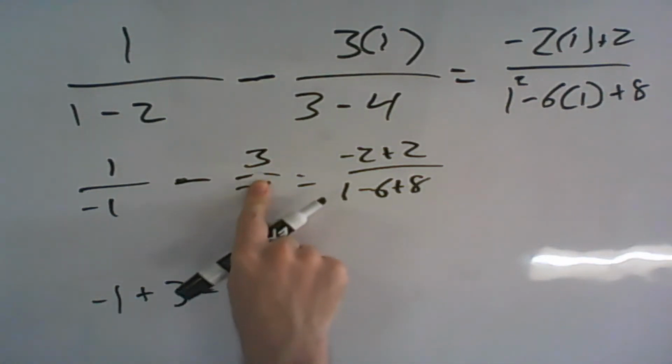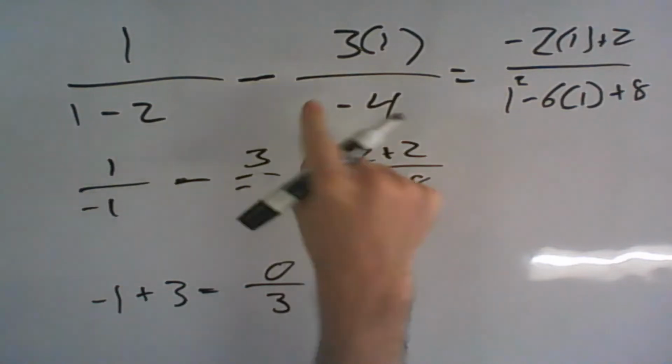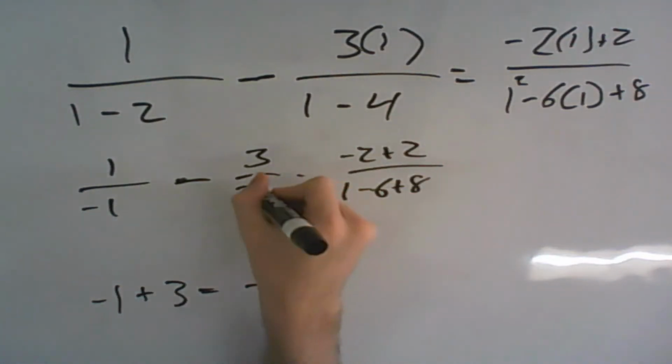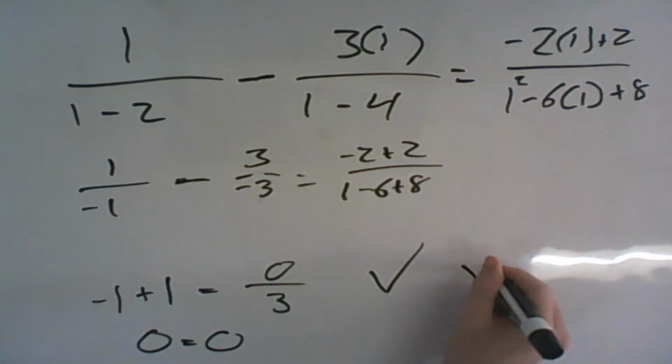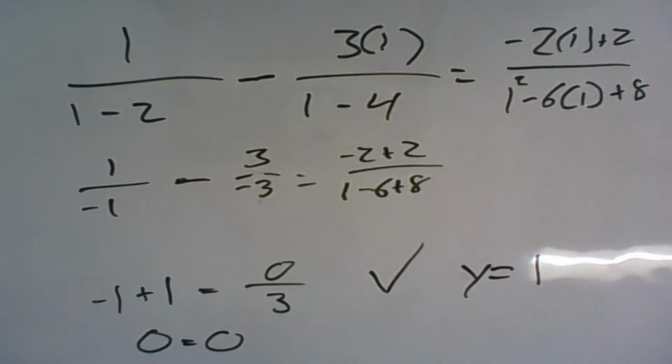Oh, I know what I did wrong. It's supposed to be 1, so it's supposed to be negative 3 plus 1. Yeah, this equals 0. So check. So y equals 1. Sometimes my math abilities suffer from a lack of ability to notice small things.